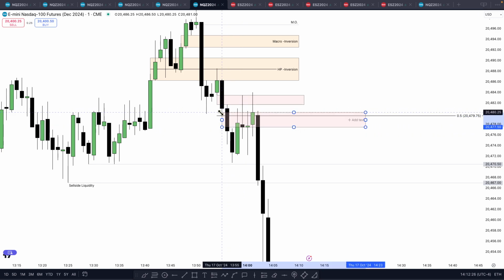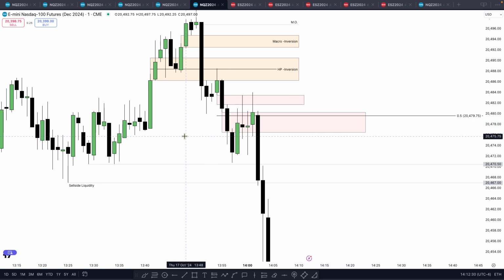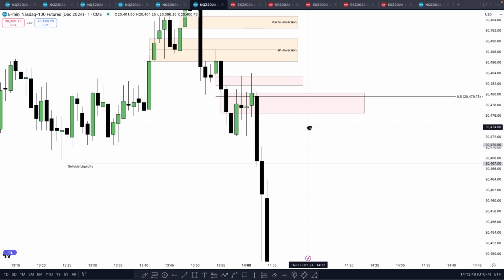So this would be your equilibrium fair value gap. So when we have that, I want to see in order flow us remain weak and only refer to that. Now we are wicking above, right? So you don't want to trail your stop loss wicked tight in this. The safer stop would be above here, or you could even do above this order block, because we shouldn't get above this really, especially on a close.